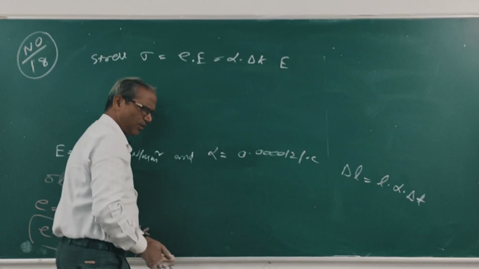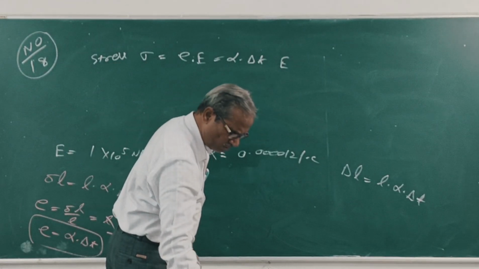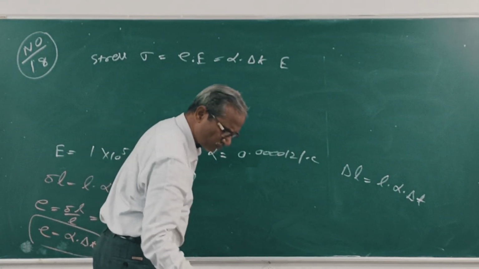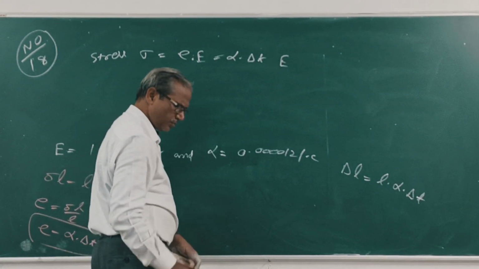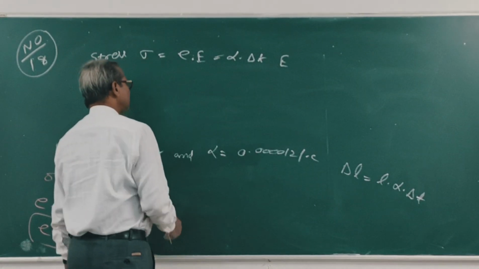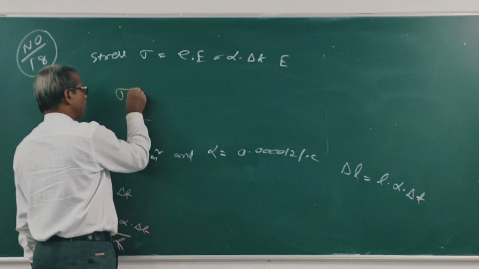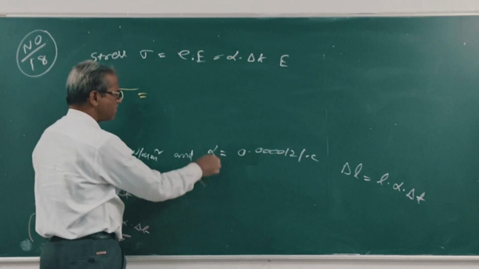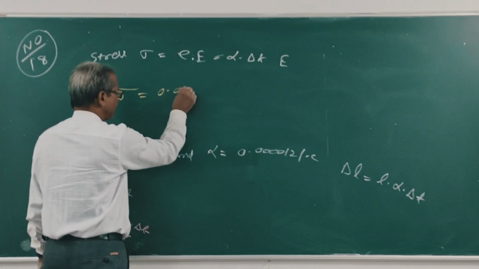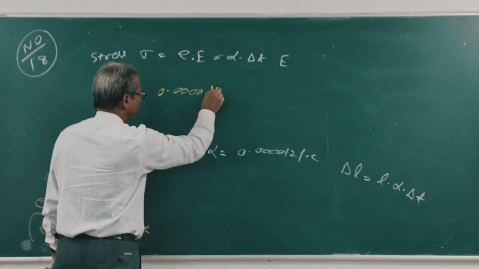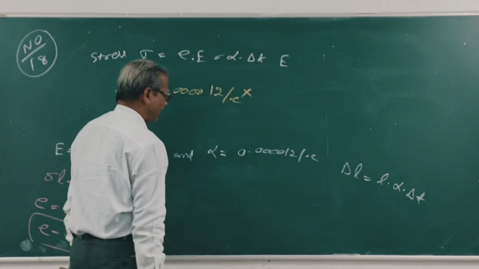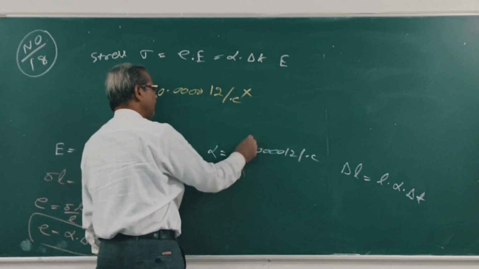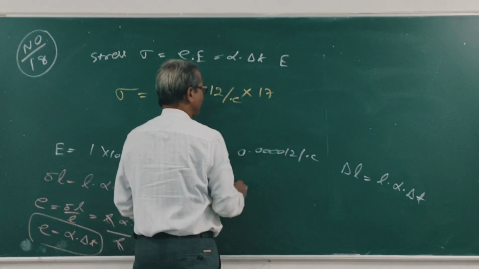Now, stress is equal to, what is alpha? 0.000012 per degree centigrade.